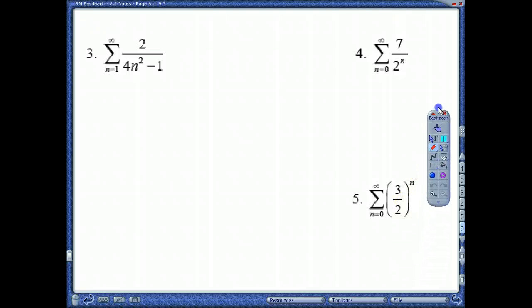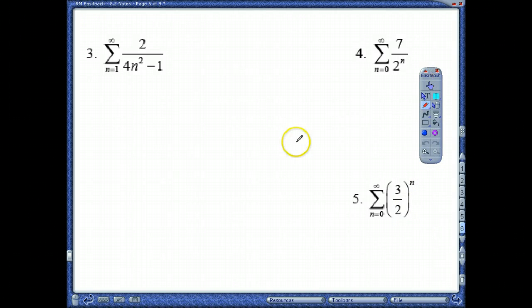All right, so let's look at this guy right here. I've got 2 over 4n squared minus 1. Okay, so when I look at that one, we're going to have to split this guy apart. I'm going to look at this as 2 over (2n plus 1)(2n minus 1).